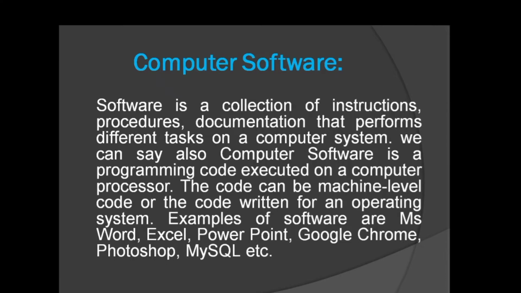Examples of software are MS Word, MS Excel, MS PowerPoint, Google Chrome, Photoshop, MySQL and etc. So basically, computer software is the set of instructions given to the computer to perform any specific task, or these are the non-tangible components that we cannot touch. We can just see it and work on it. We are not allowed to touch the software components.